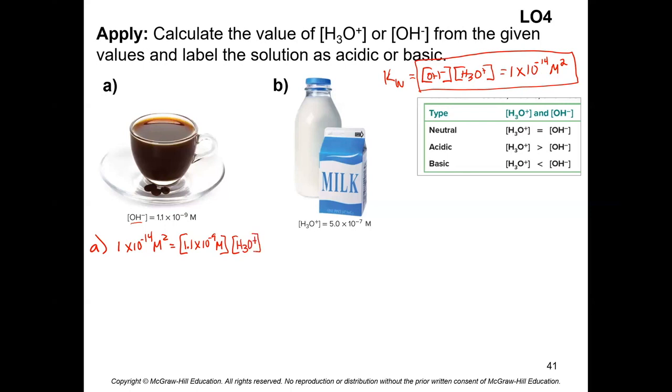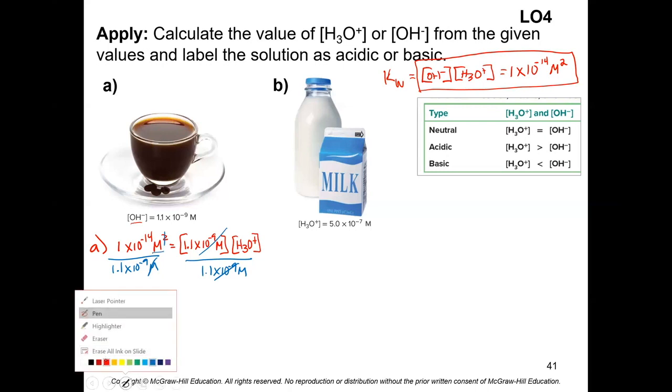In order to do that, I'm going to divide both sides by 1.1 times 10 to the negative 9 molar so that these will cancel. And then I will do the same here. Here, the unit that is squared is going to cancel with this 1 molarity, leaving me with just 1 M.